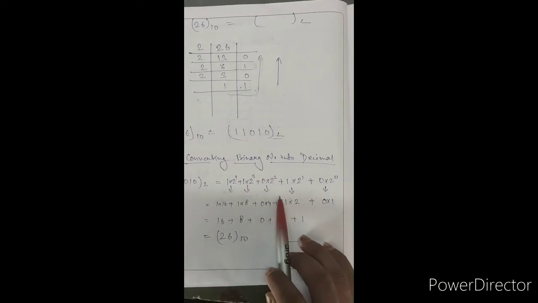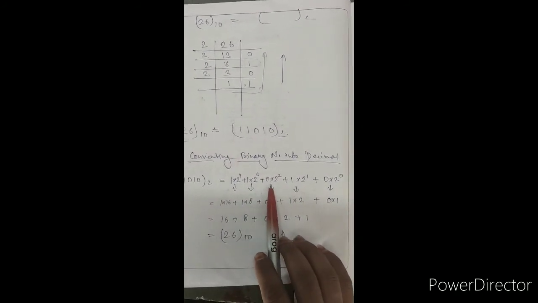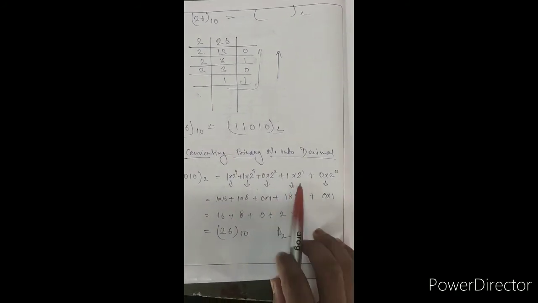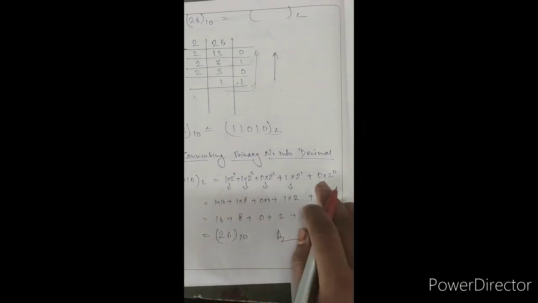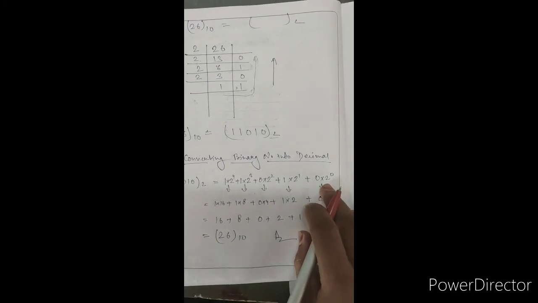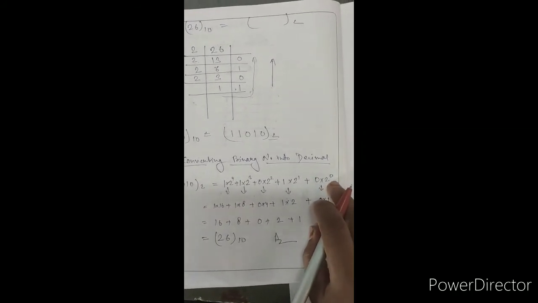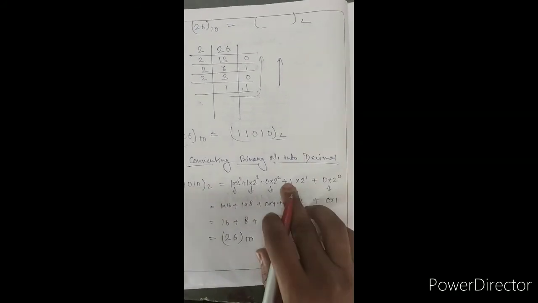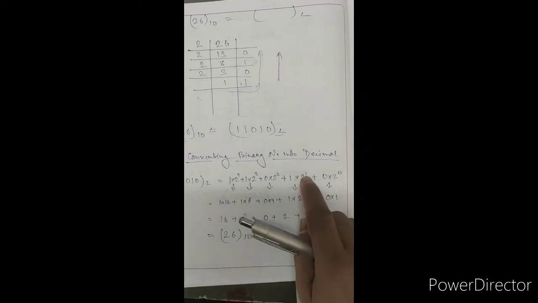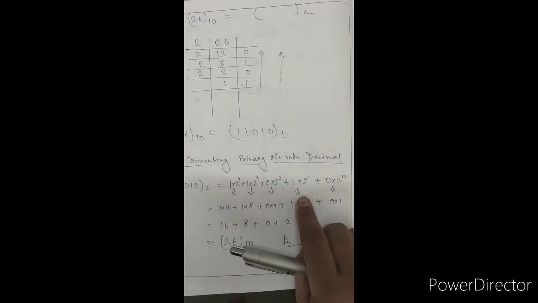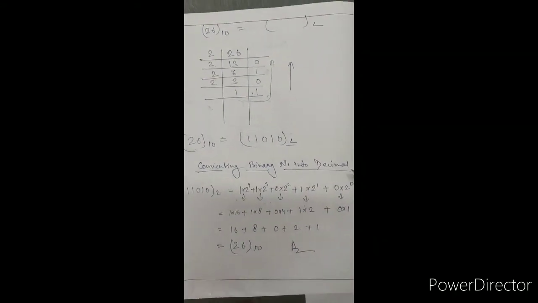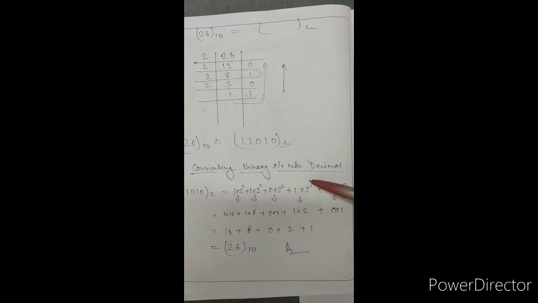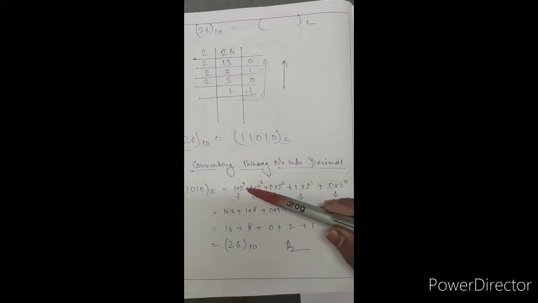From the right side you multiply this digit by 2 to the power 0. Then the next digit is multiplied by 2 to the power 1. From this side to this side we increase the power of 2 by 1, so the powers are 1, then 2, then 3, and 4.